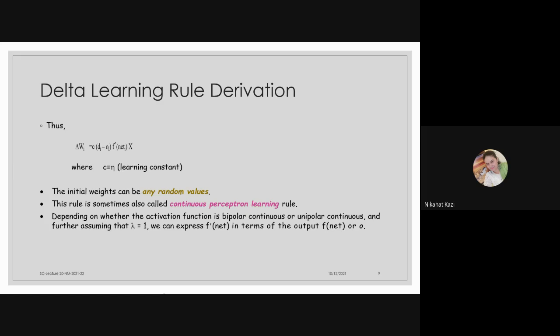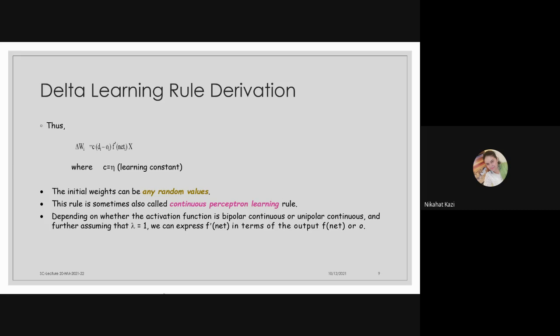Depending on whether the activation function is bipolar continuous or unipolar continuous, and further assuming that lambda is 1, f dash net can be expressed in terms of the output directly. Instead of finding the derivative f dash net of the activation function, we can express this derivative in terms of the output.